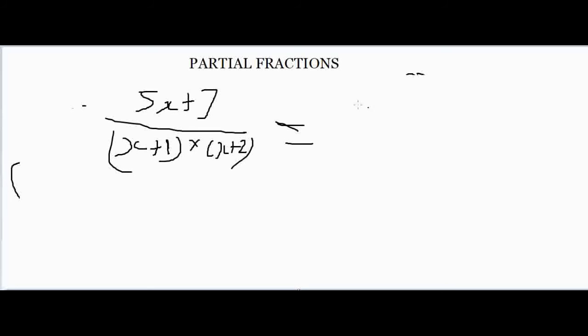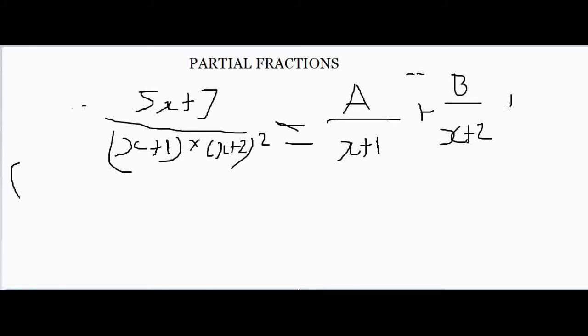What would basically happen now is that we would have, let's write this squared here to represent both x plus 2's: a over x plus 1 plus b over x plus 2 plus c over x plus 2 all squared.